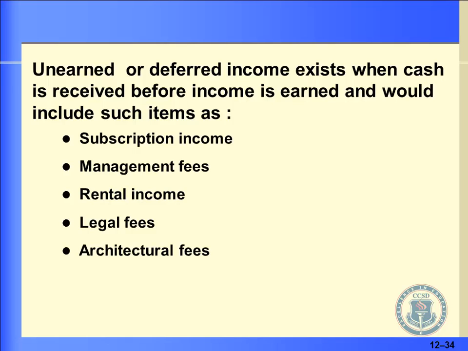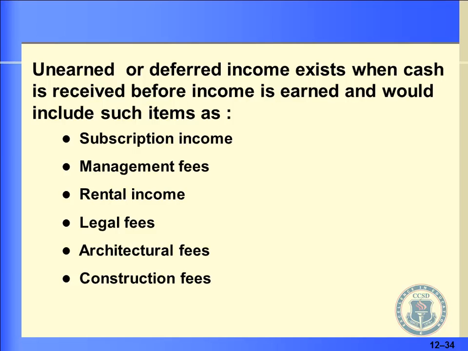And then architectural fees. A lot of times you pay for an architect up front, a certain amount, and then as they go, you keep making payments, because a lot of architects don't want to wait till the end and not get paid. And construction fees. I remember we used to charge a flat upfront percentage of the job, and then we would bill at certain spots in the job. As we got to one spot, we would bill for the next part.